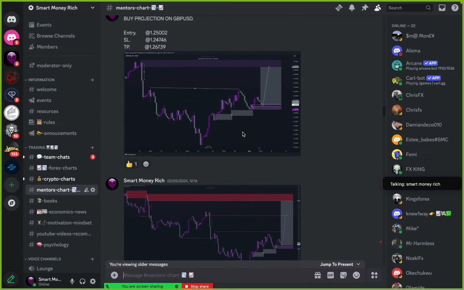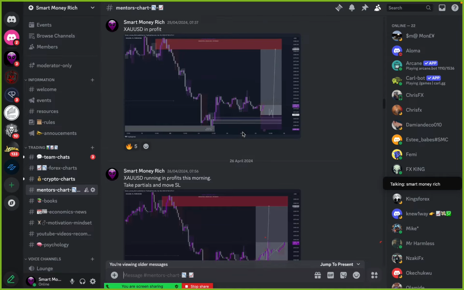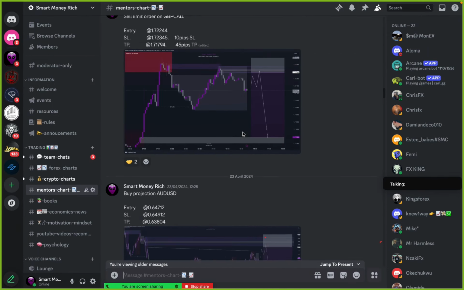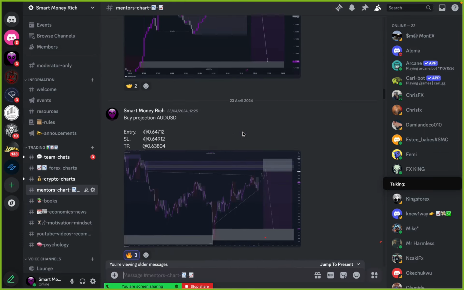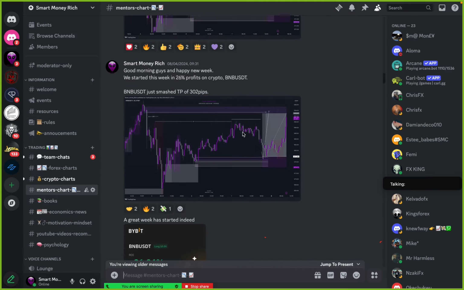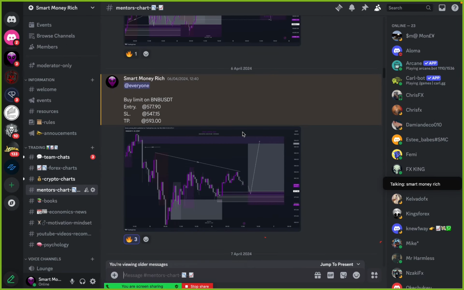But that's basically how I take my entries, but I really want to show you guys that trade on NAS. The very trade I used there as an example.